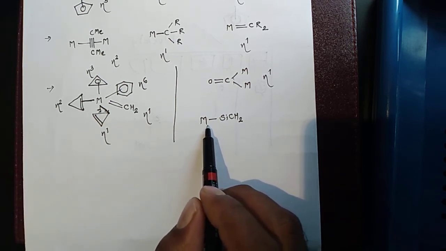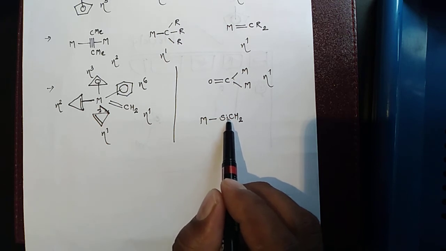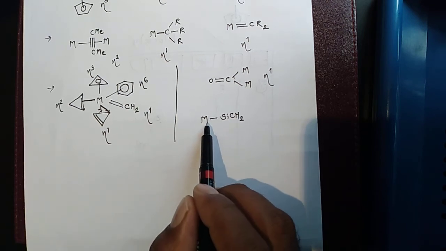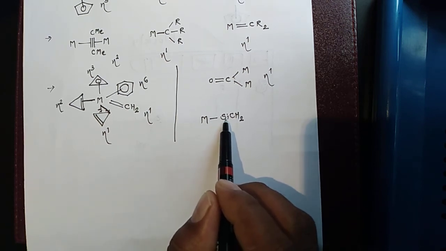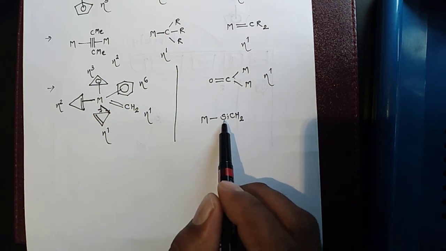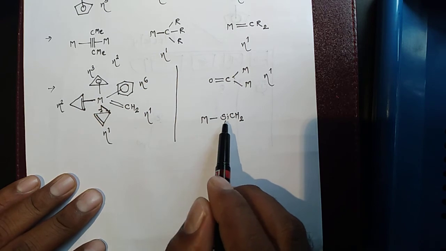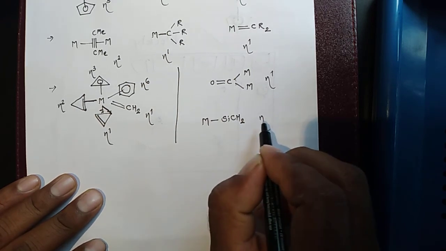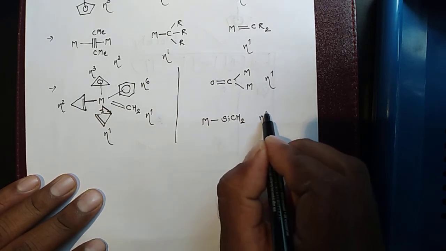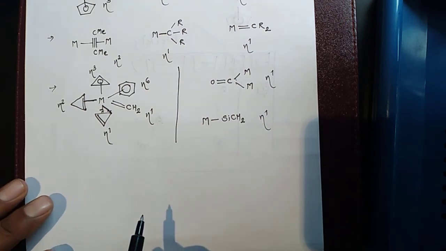Yes, this is an organometallic compound because silicon and carbon both are from the same family. Here also the metal is directly attached to the carbon family group, which is silicon, only one group. So the hapticity of such an organometallic is 1 only.